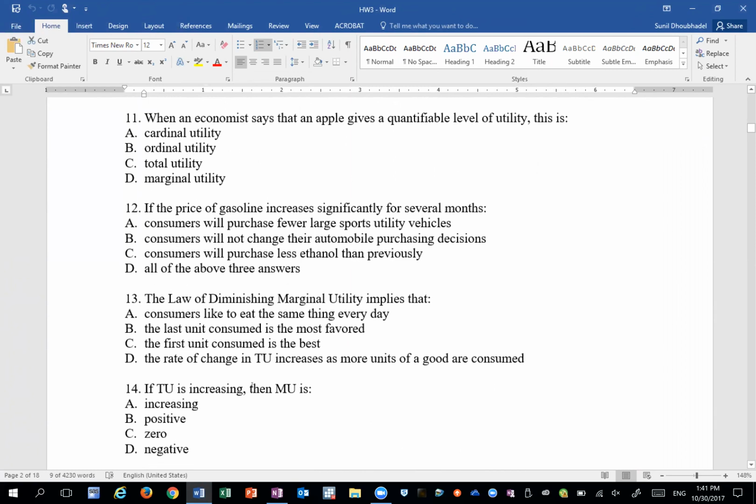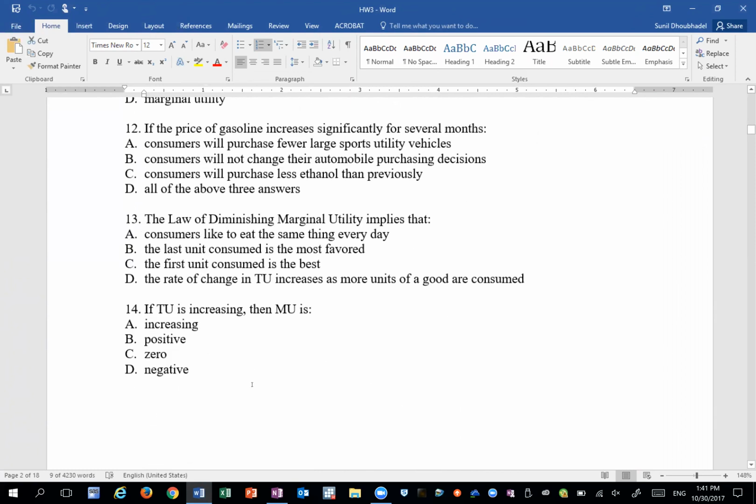Okay, let's look at number 14. If total utility is increasing, then marginal utility is increasing, positive, zero, negative. Positive. Why is increasing not the right answer here?